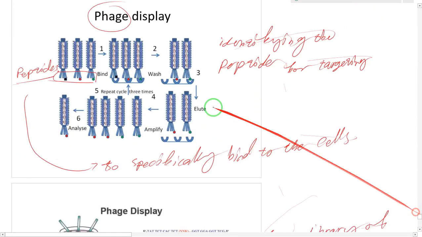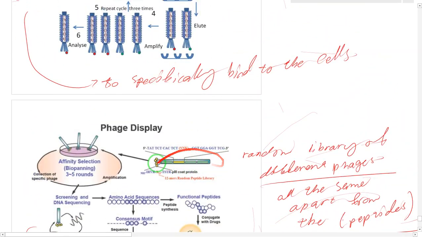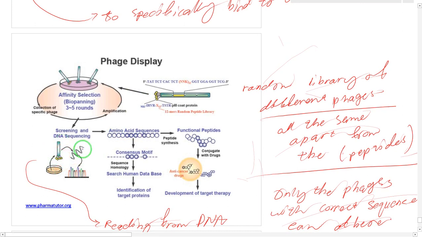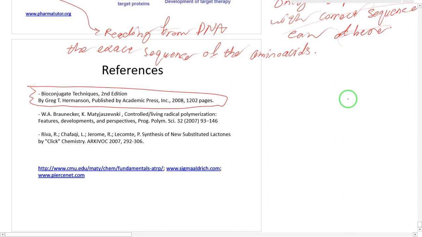We use the Phage Display method by genetically engineering different viruses and seeing which of them connect to the sample. Then by doing DNA sequencing, we understand the right sequence of the amino acids. Anyway, this was all about the macromolecules, and for the next videos we will go for the hydrogels.